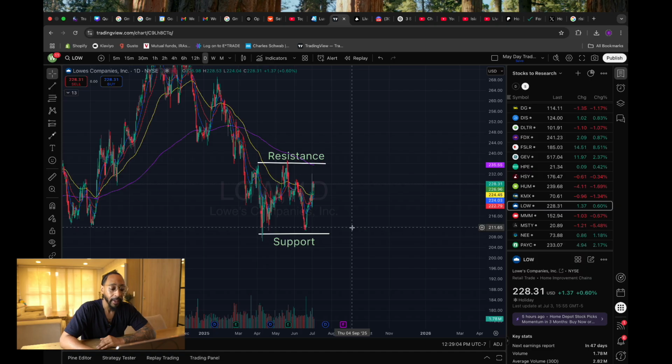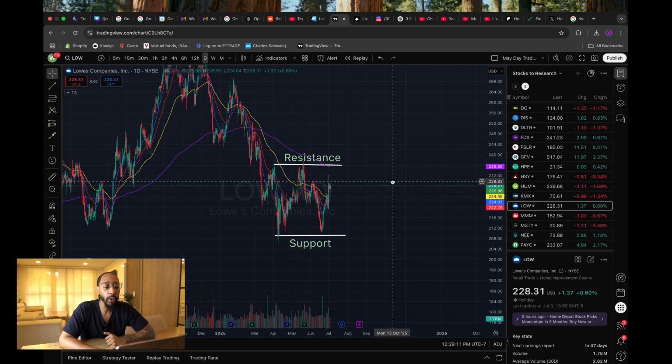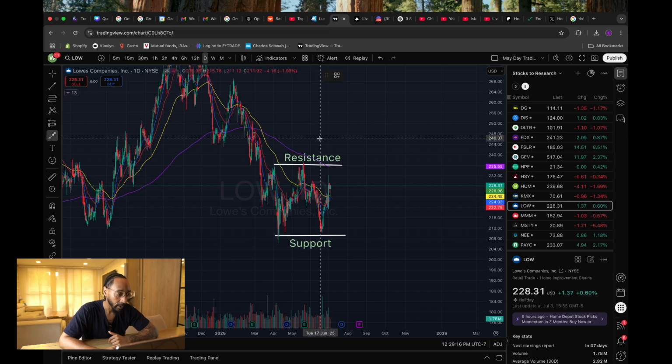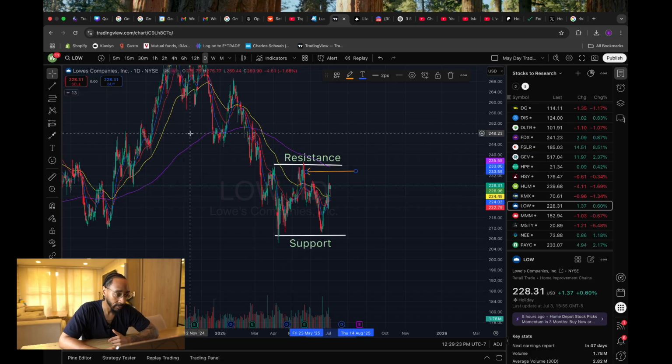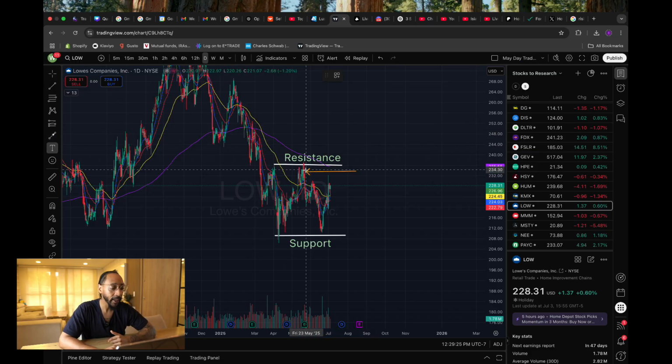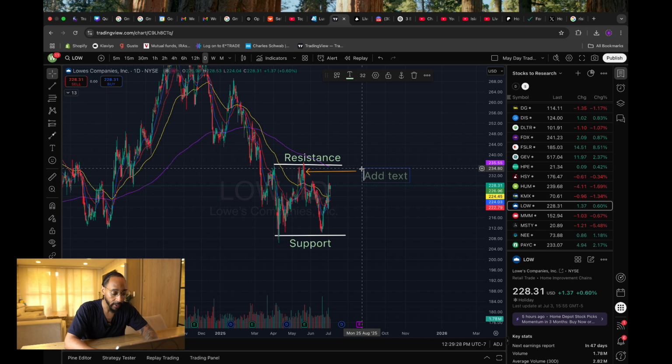Okay? Now, let's say you entered into a put, which means that the stock is coming down. Now, let's say you entered into the put right here at 233. So you entered a put option at 233.